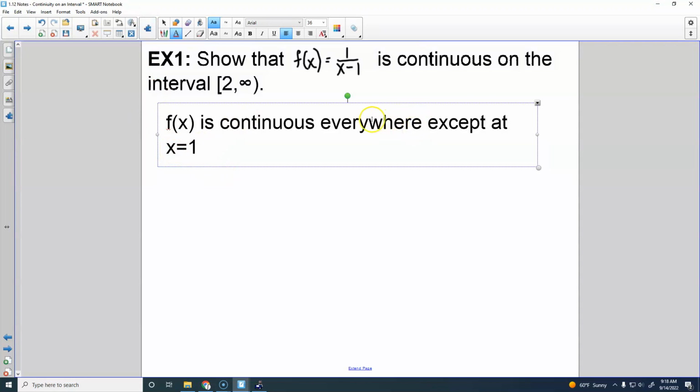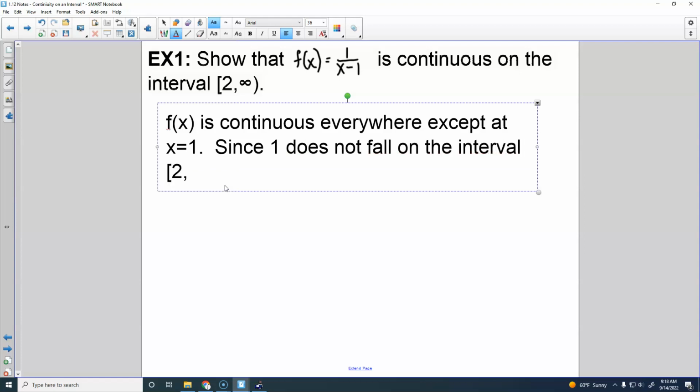So it's continuous everywhere except at x equals 1. But does 1 fall on this interval? Okay? So we would say since 1 does not fall on the interval 2 to infinity.